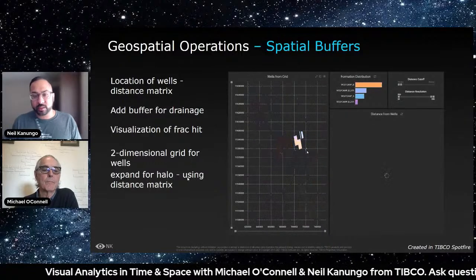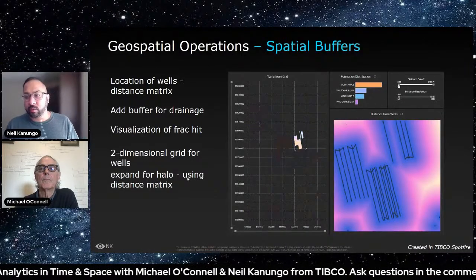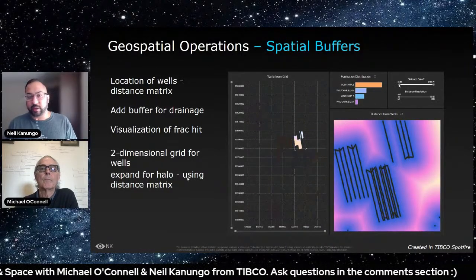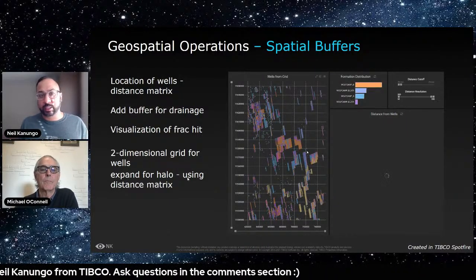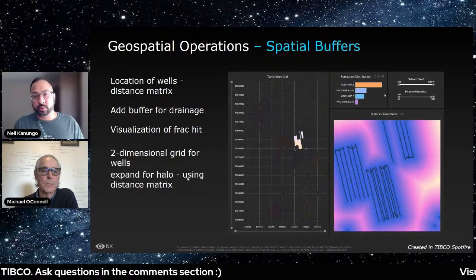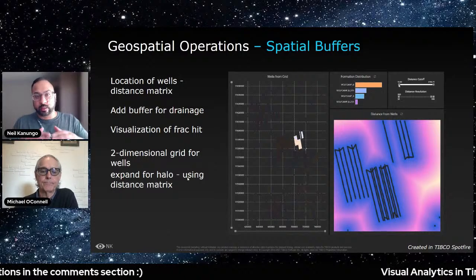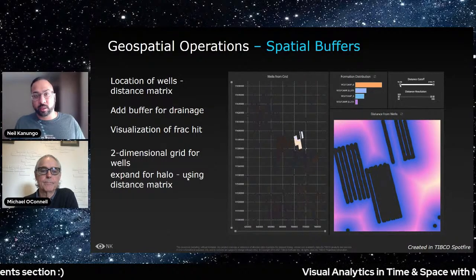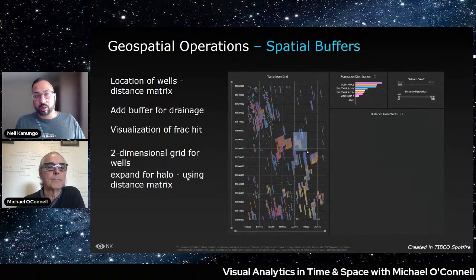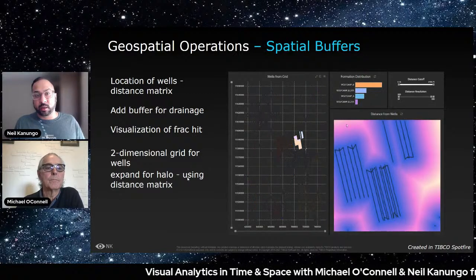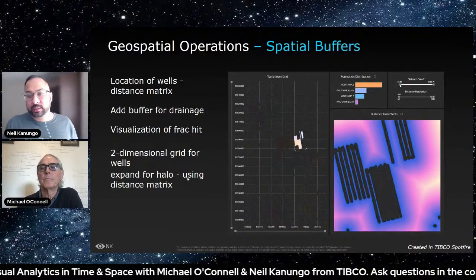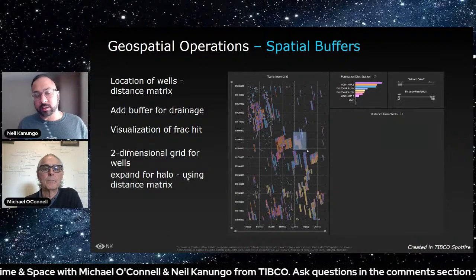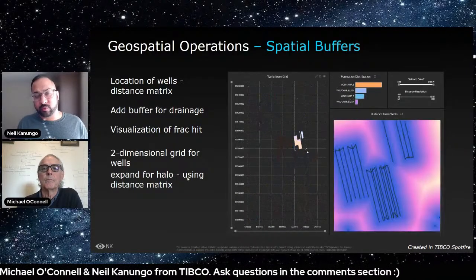Buffers are another way that you can get value out of your analysis by understanding what is the area around certain objects. Maybe you don't want to do something within a certain region around that buffer. You want to make sure certain objects are spaced appropriately a distance away from each other. What this is actually looking at is horizontal wells that have been drilled into a reservoir.